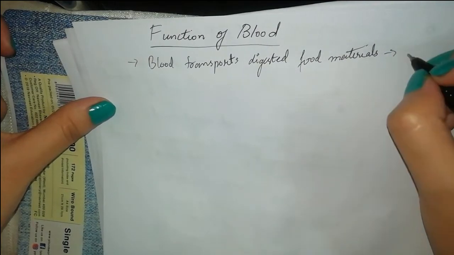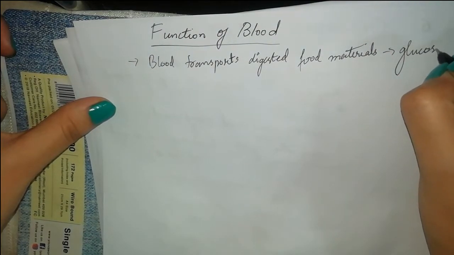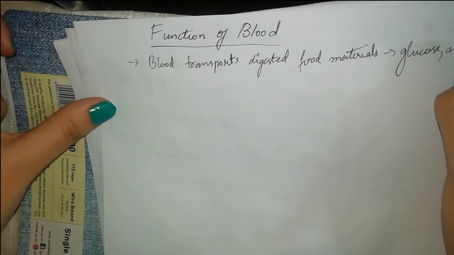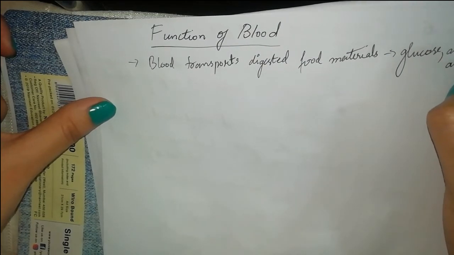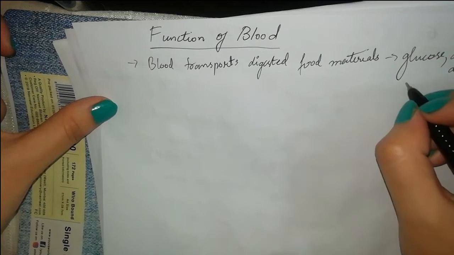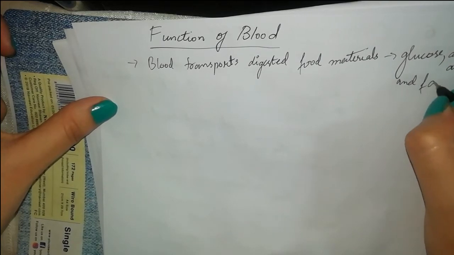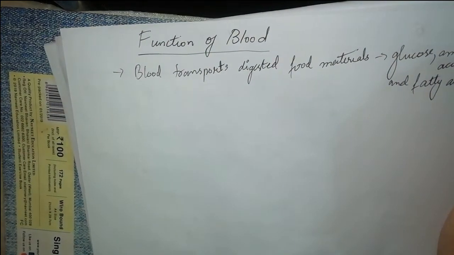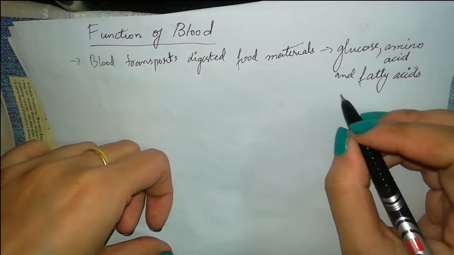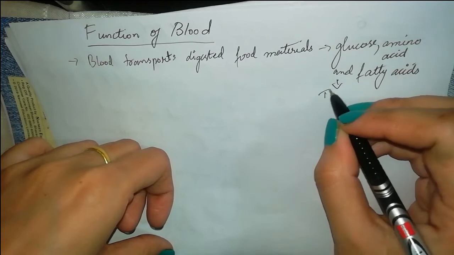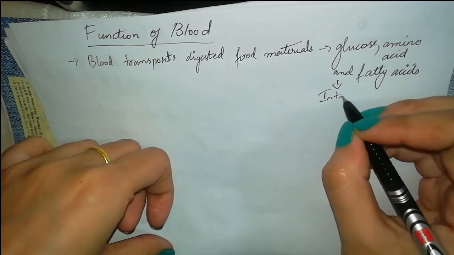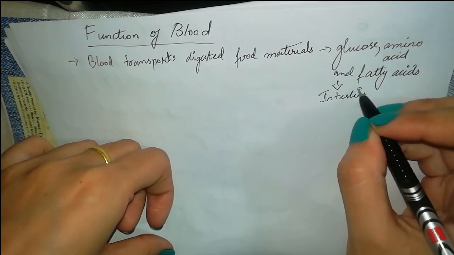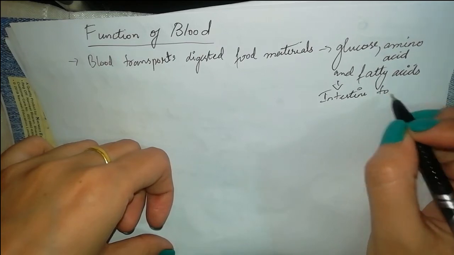Digested food materials such as your glucose, then your amino acids, and then your fatty acids, from the intestine to the body cells.